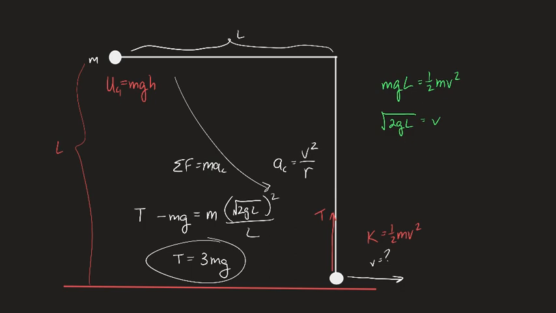So, not happy. And not unreasonably so. There's enough different in this new problem. The bottom of the plumb bob traveled at square root of 2gL.